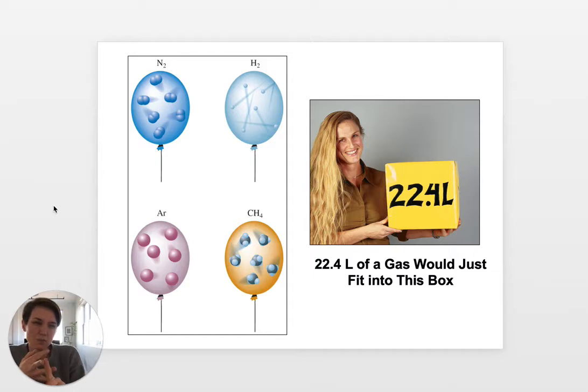It's kind of a hard concept to wrap your head around, but once you really think about what it means to be an ideal gas, it makes a lot of sense. Also think about it in context of Avogadro's law. It is only by virtue of the fact that we're talking about ideal gases, where their individual volume is negligible, that we're able to make direct comparisons between number of moles and volume.